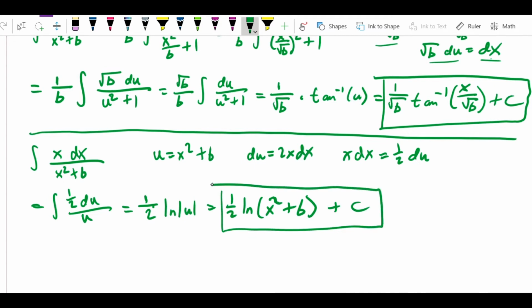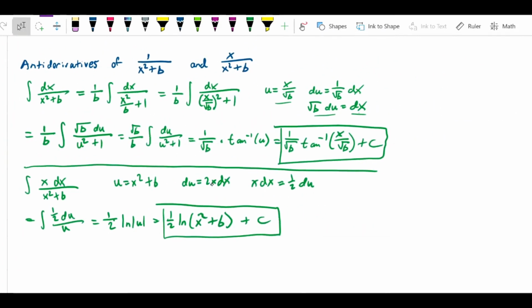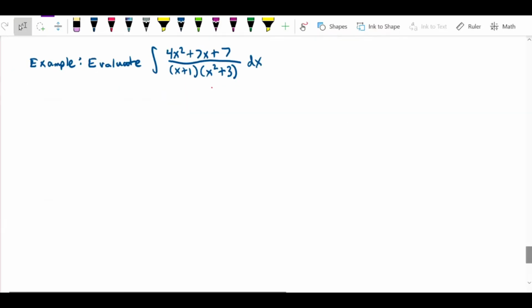So here are two antiderivatives that are going to be fairly useful as we find integrals of rational functions. I'm now going to turn to an example where we make use of both of these.